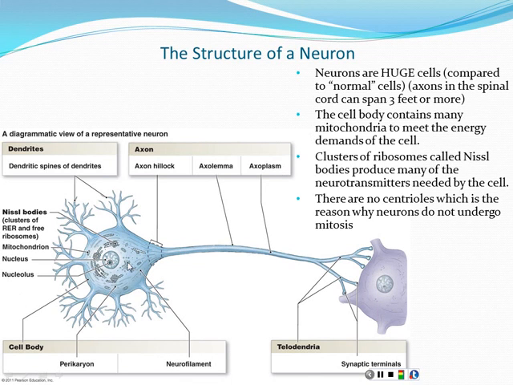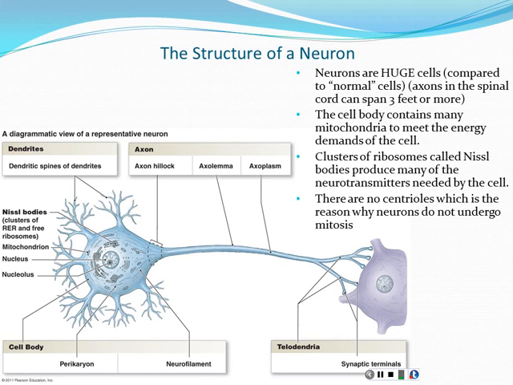The other thing that nerves have to be able to do is produce neurotransmitters. The primary function of the nerve is to release neurotransmitters in response to a signal, which we'll talk about more next time. So in order to produce those neurotransmitters, you've got to have the machinery to do that. Those are ribosomes. Remember, ribosomes produce proteins.